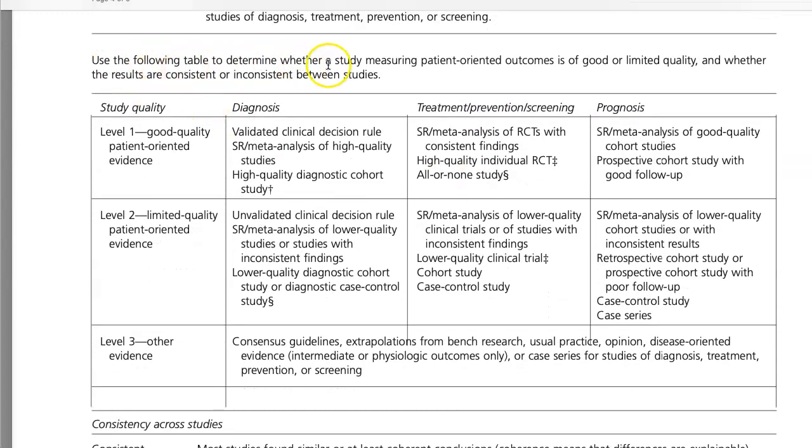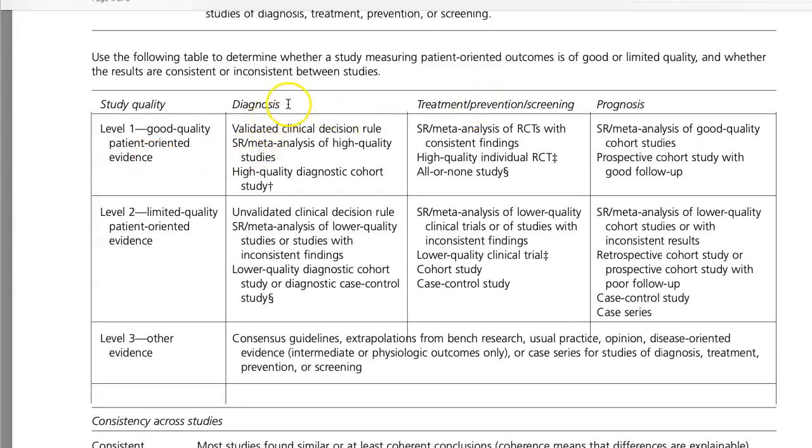Use the following table to determine whether a study measuring patient-oriented outcome is of good or limited quality and whether the results are consistent or inconsistent between studies. Okay, so study quality, level 1, that would be level of evidence. Level 2, level of evidence. Level 3, level of evidence. Okay, good quality patient-oriented evidence.